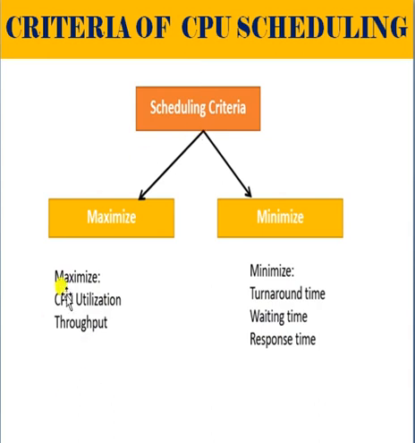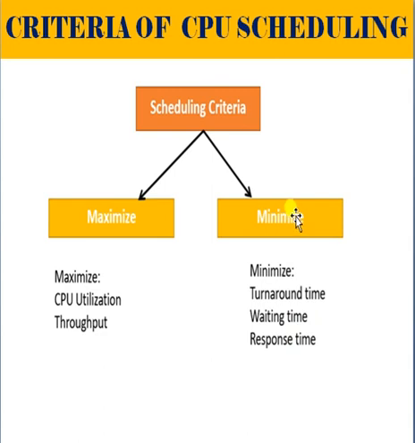See, if CPU utilization is maximum or throughput is maximum, then it is a good algorithm. Whereas if the turnaround time, waiting time or response time is minimum, then that algorithm is also good.